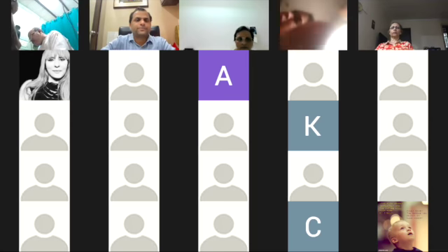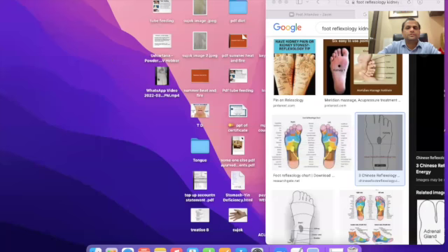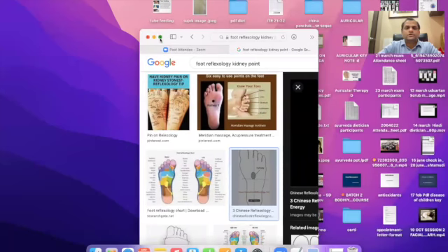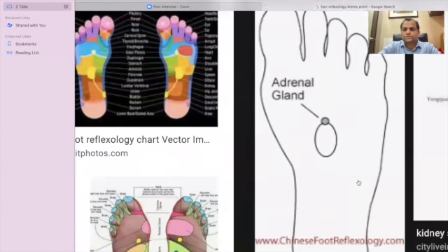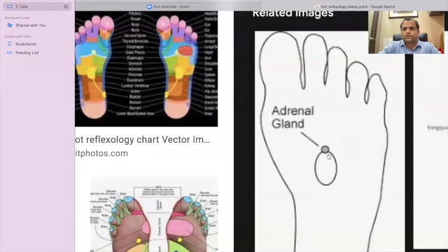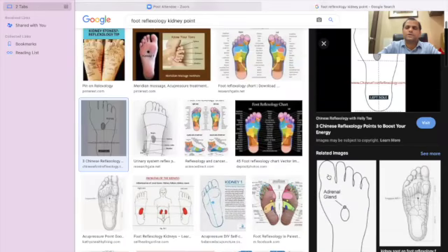There's kidney one, which in foot reflexology is considered the kidney point, and the upper part is the adrenal gland. So wherever the kidney is, the adrenal gland will be there. If we press kidney one, it is an emergency point, right? Why? Because this also has the location of the kidney.